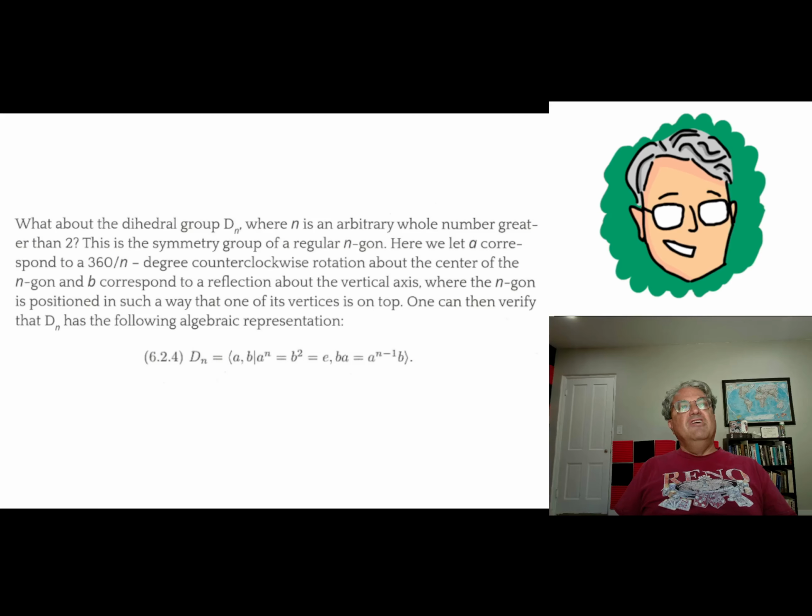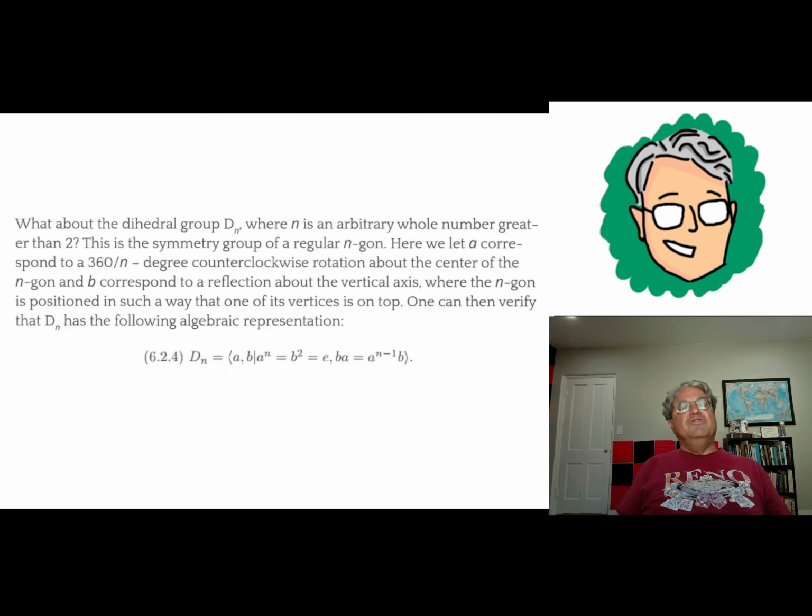B is again reflection about the vertical axis, but A is now counterclockwise rotation by an angle of 360 degrees divided by n, or if you like 2 pi over n if you're working in radians. It's just the thing that rotates 1/nth of the way around a circle. So if you do it n times, you'll get the identity.